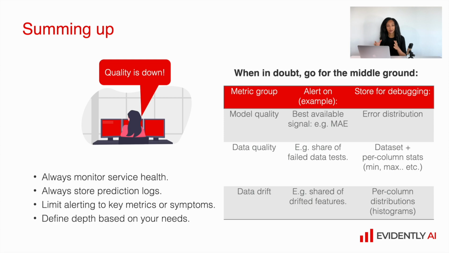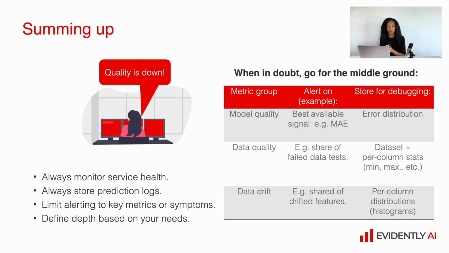Like, for example, select the best quality metric, the best performance signal for your model quality, and set up alerts only, for example, for mean absolute error. The same we can do with data quality and, for example, react only on the share of failed tests if the share of failed data quality tests is higher than a certain threshold, for example 50% or more, right?